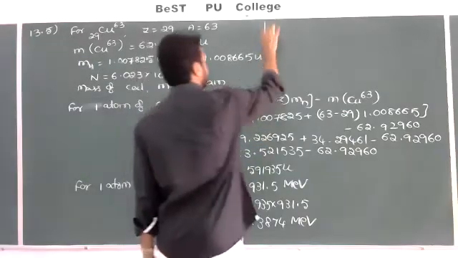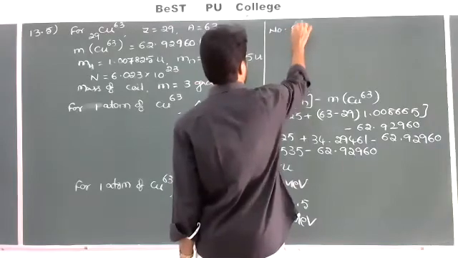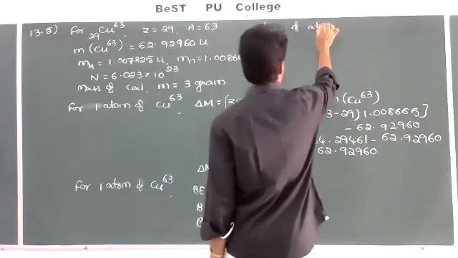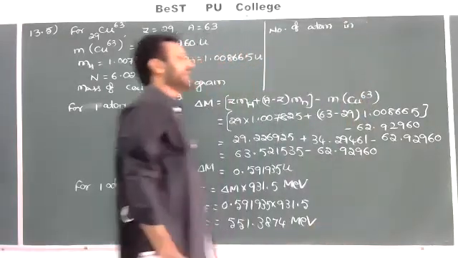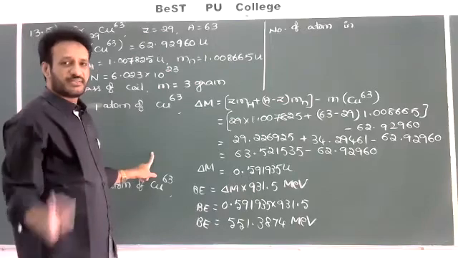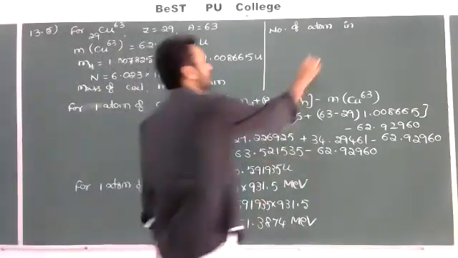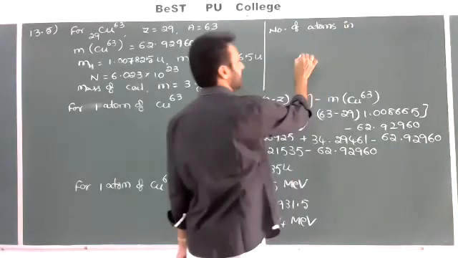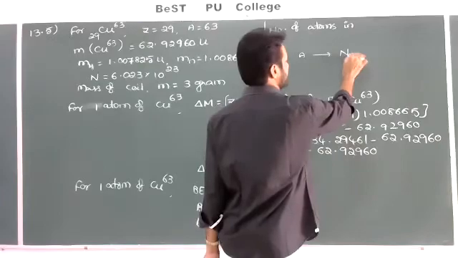According to the Avogadro hypothesis, the general formula I have already given; have you remembered or not? A grams of any sample, XZA, contains the Avogadro number of atoms.